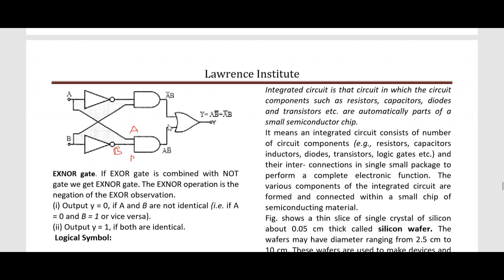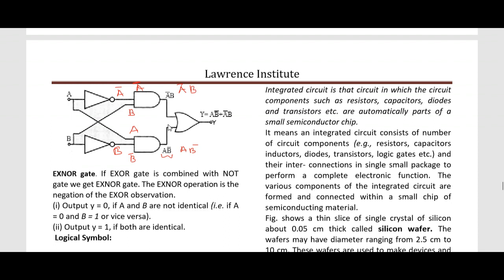So B bar is fed to this circuit and this multiplication took place here and we got A B bar here. From here we get B and A here, its bar is taken, A bar, this is A bar B and this is A B bar.